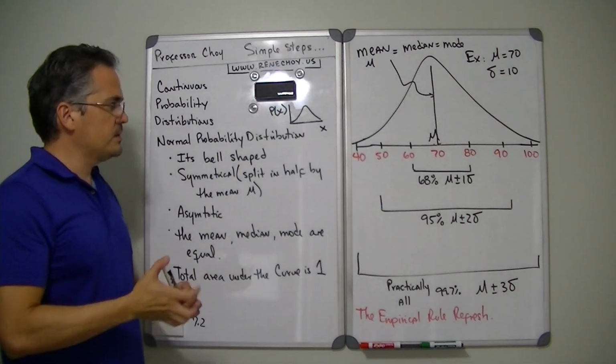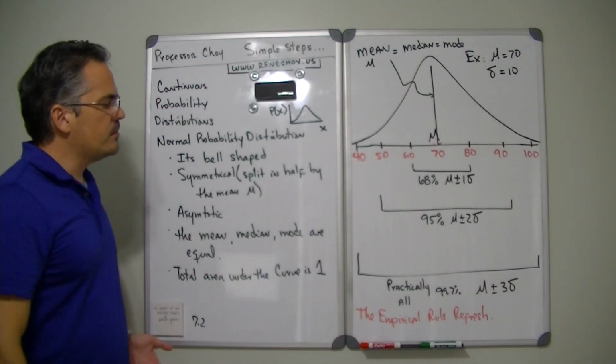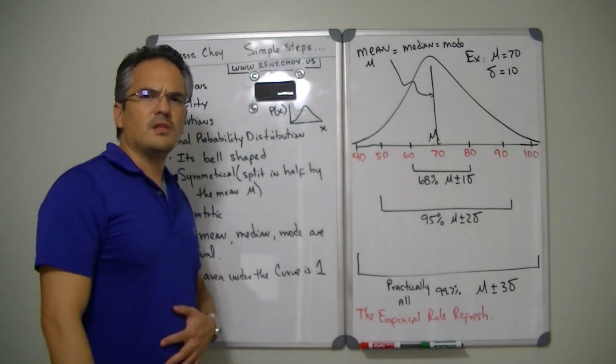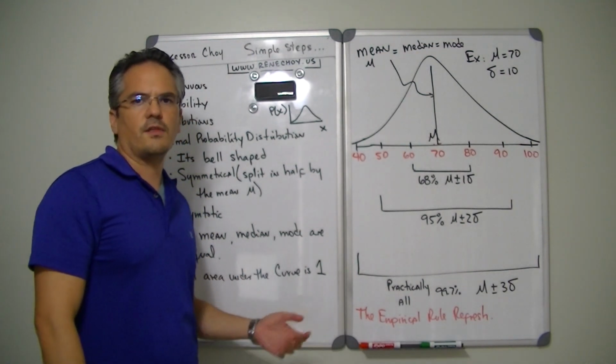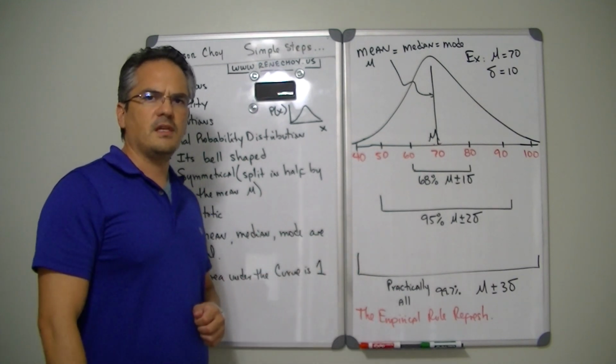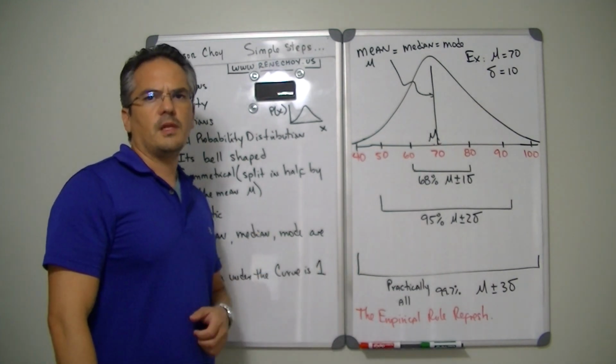Okay? Now what we're doing today specifically is giving you a bit of a refresher of the empirical rule, because normal probability distributions are heavily used to study a lot of things, because somehow it tends to show up in a lot of places that things have a normal probability distribution.